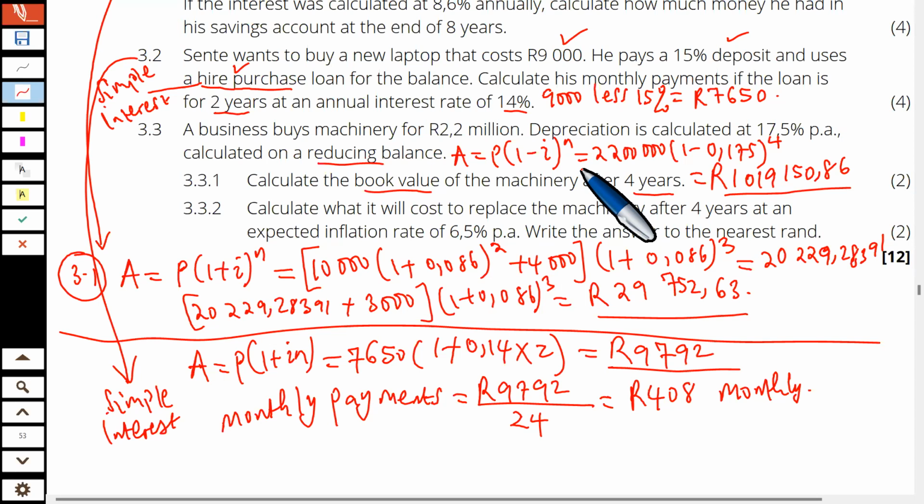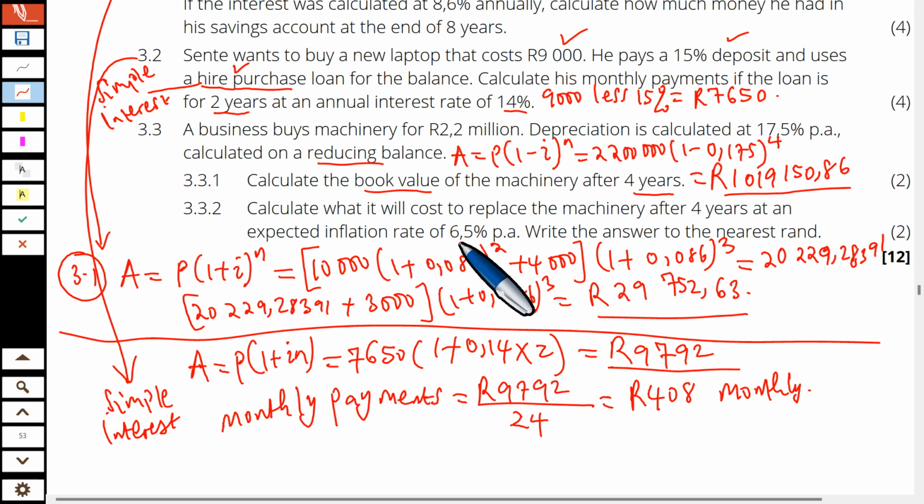Right, we continue. Now if you look at 3.3.2, calculate what it will cost to replace the machinery after 4 years at an expected inflation rate. Okay, there's inflation.